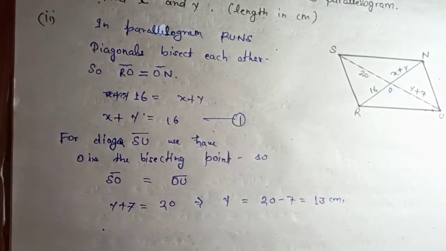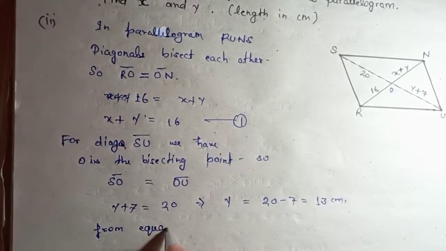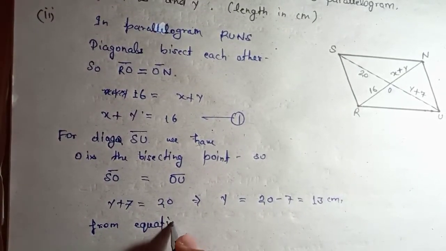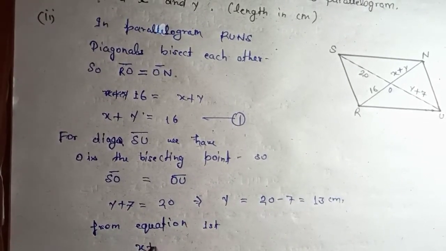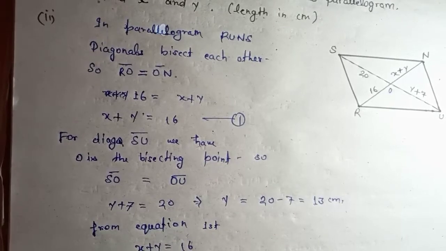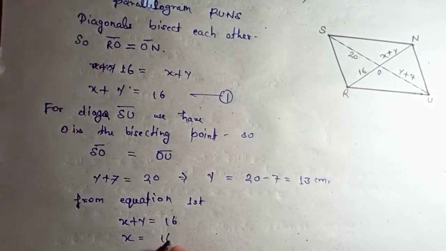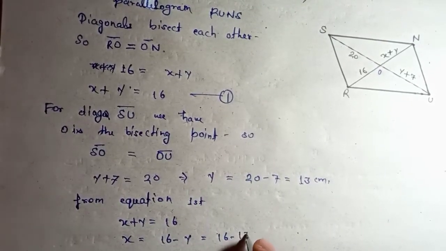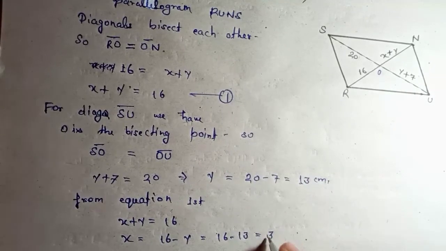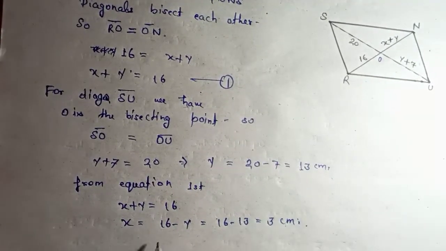We know from equation first, x plus y is equal to 16 and value of y is equal to 13. X is equal to 16 minus y, which gives you 16 minus 13, that is 3 centimeters. Now value of x is equal to 3 centimeters.